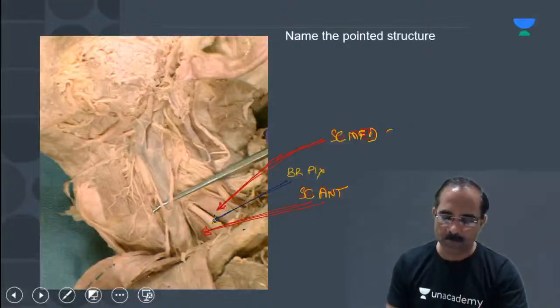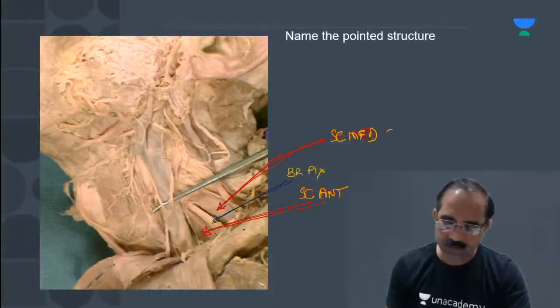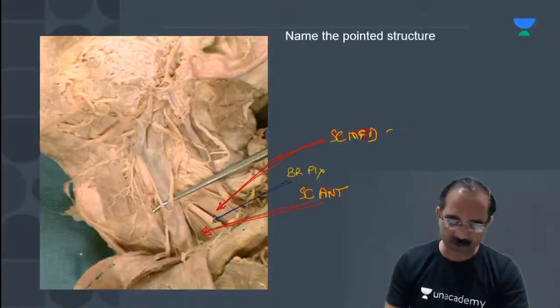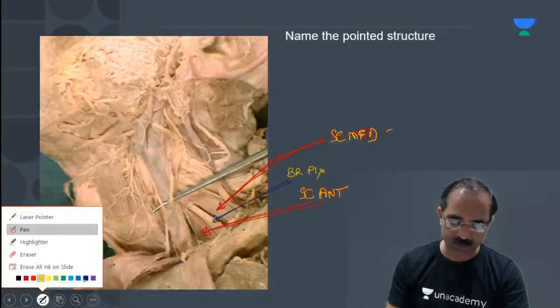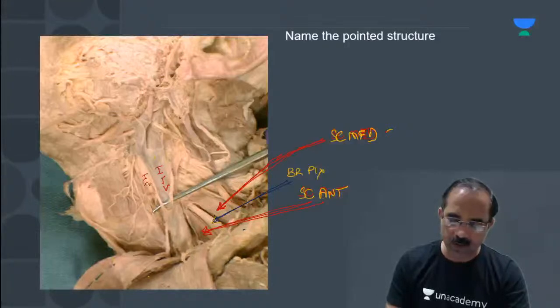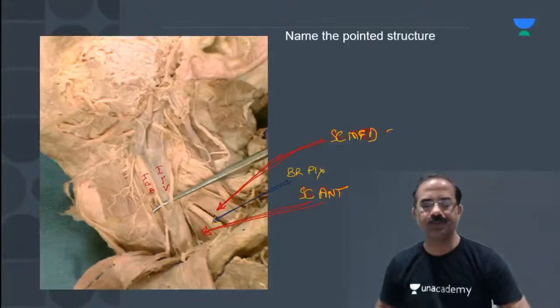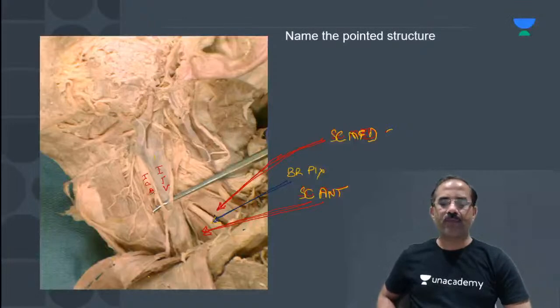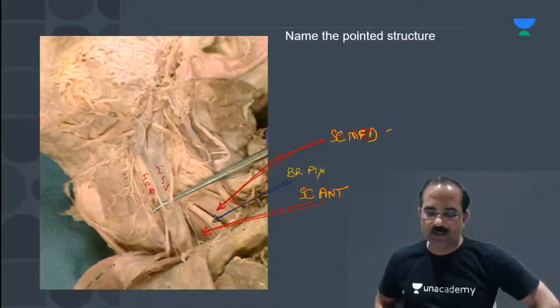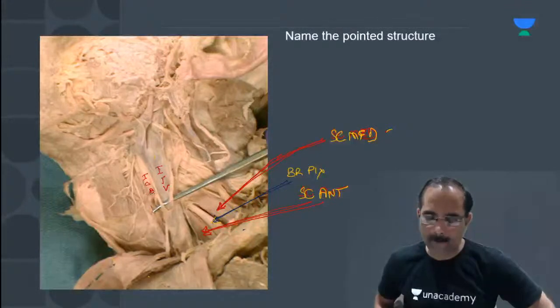Perfect. What is this? This is the internal jugular vein, and this is going to be the internal carotid artery. Okay.